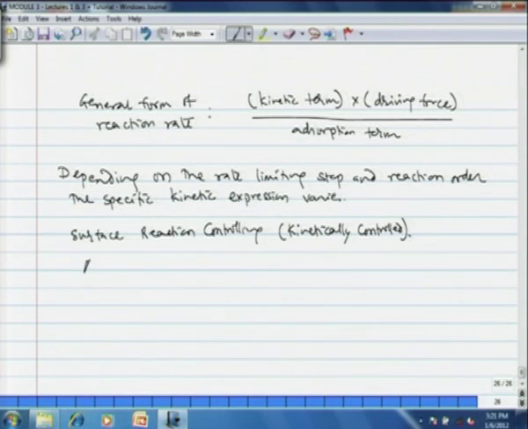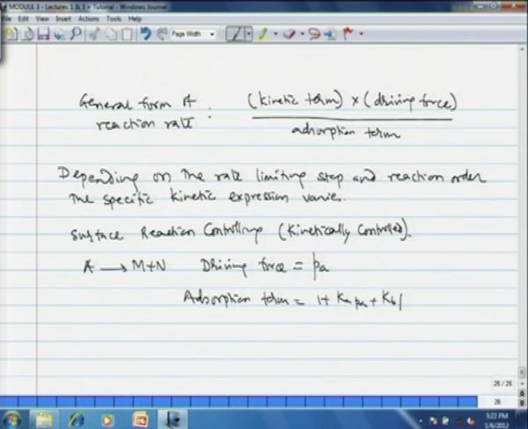In such cases, we denote the general expression for the reaction as A going to m plus n. The driving force for such a reaction is obviously the partial pressure of A, but the adsorption term is 1 plus K_A p_A plus K_m p_m plus K_n p_n.